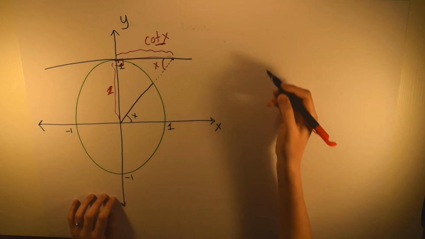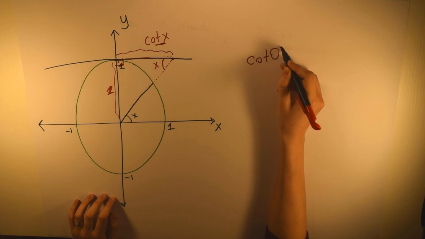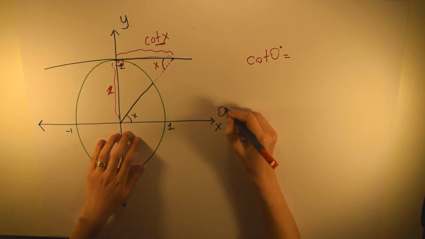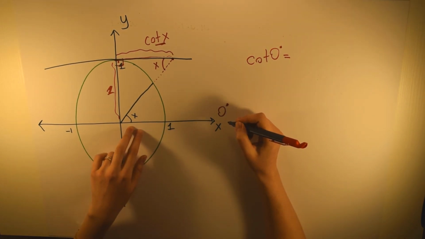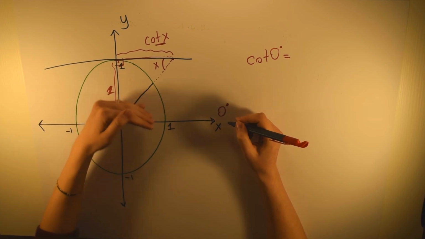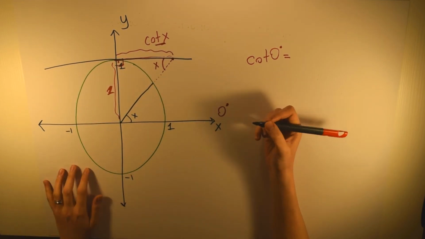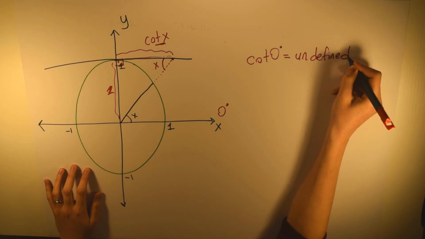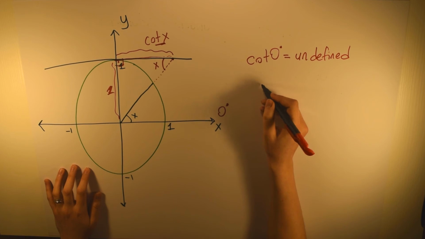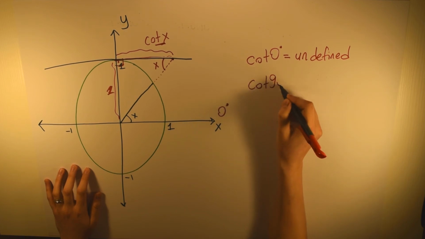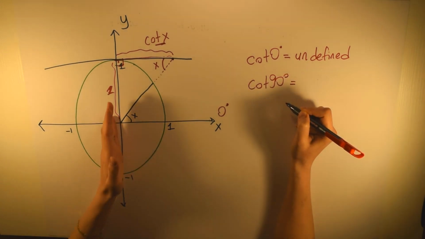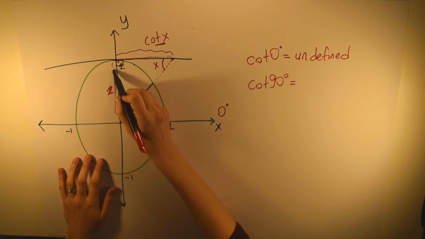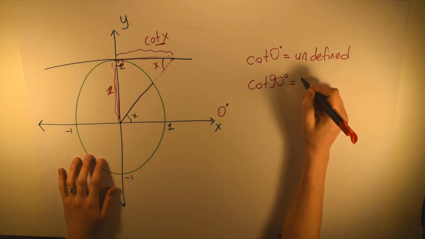So let's find, for example, cotangent 0. When the radius is at 0 degrees, which is here, these lines are parallel and they will never intersect, so we say that it is undefined. When I want to find the value of cotangent 90 degrees, the radius is somewhere here, and there is no horizontal line, so it's equal to 0.